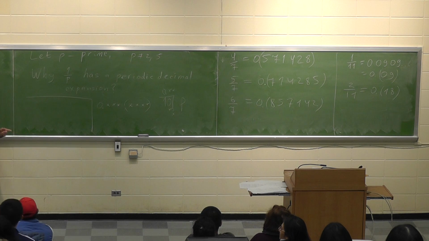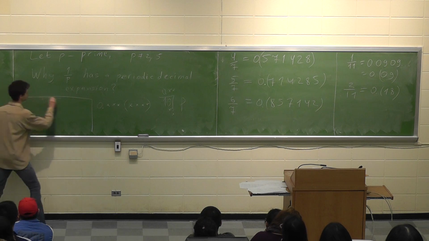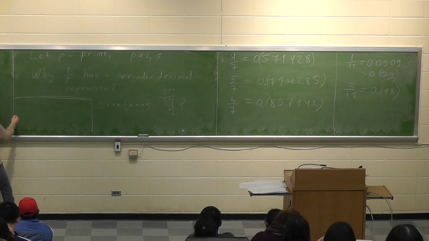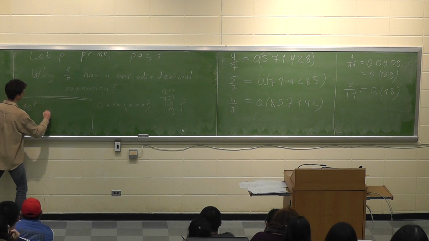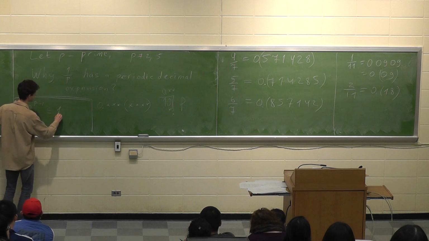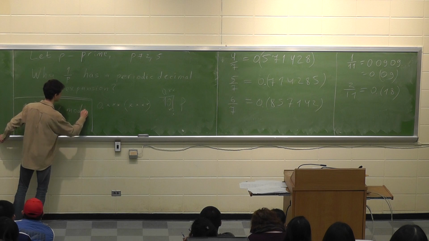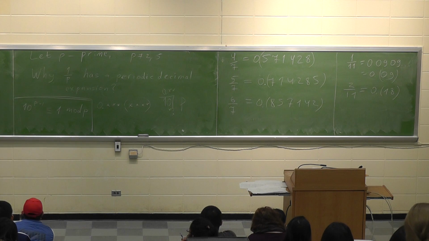So these two ideas give the following argument. First of all, 10 to the power of p minus 1 is congruent to 1 modulo p. That's the first observation.